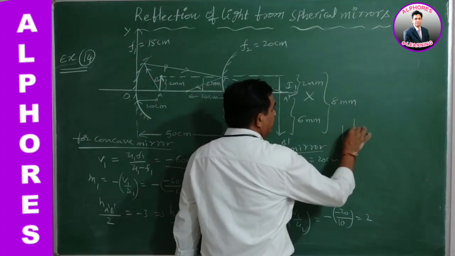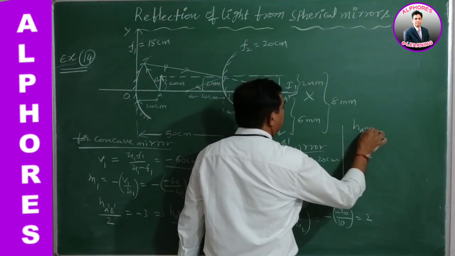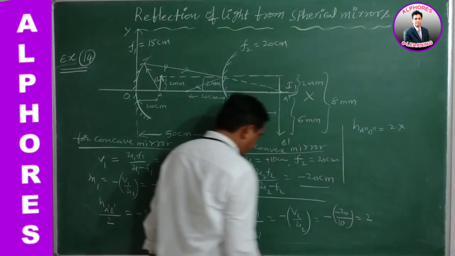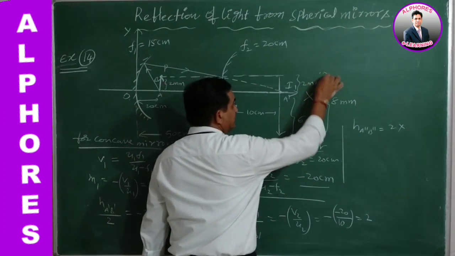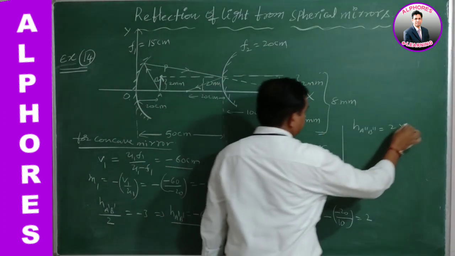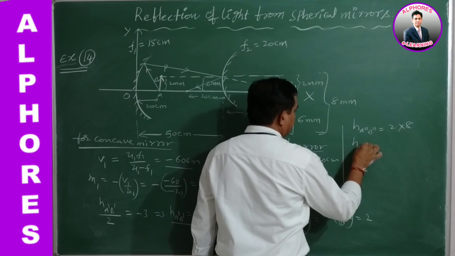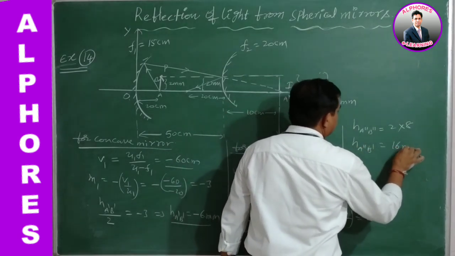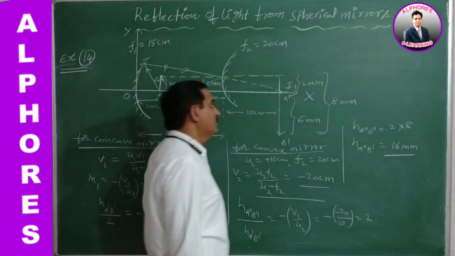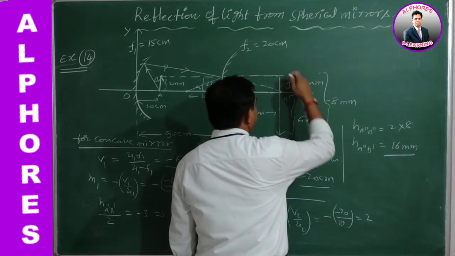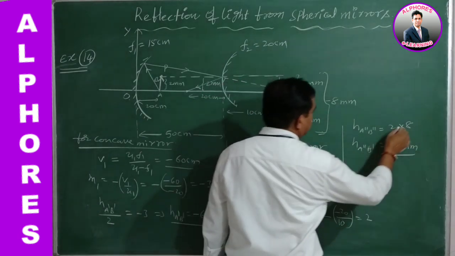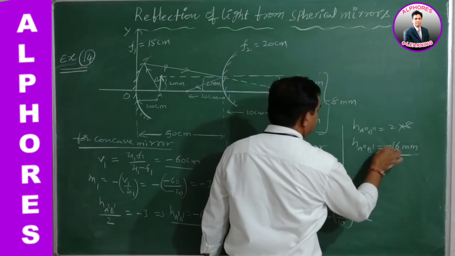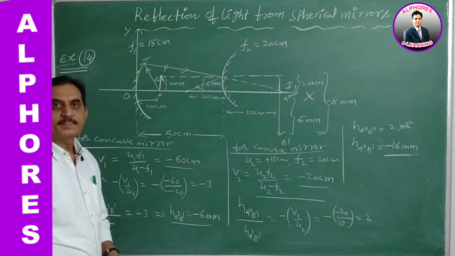Now, H A double dash B double dash is equal to 2 into H A dash B dash. This as a whole is 8 millimeters. So H A double dash B double dash is 16 millimeters. Of course, it is below the principal axis, a negative sign, which gives us minus 16 millimeters.